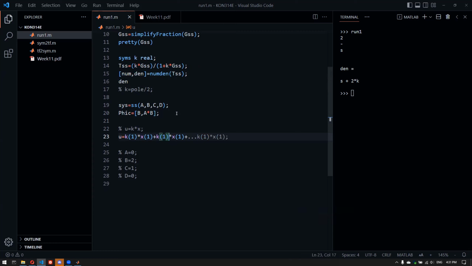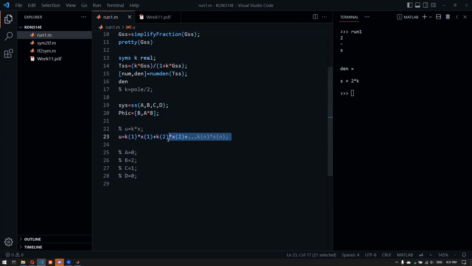We have k2 times x2, and then dot, dot, dot, kn times xn. So we have a state space system with n states. We're taking the linear combination of the n states and feeding it back.